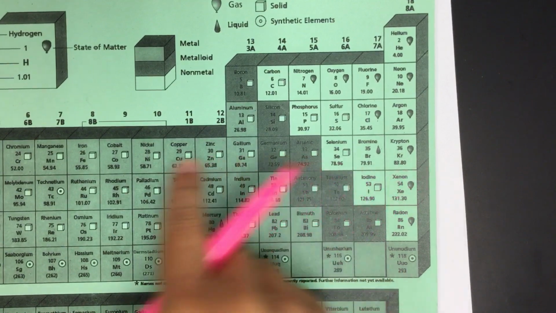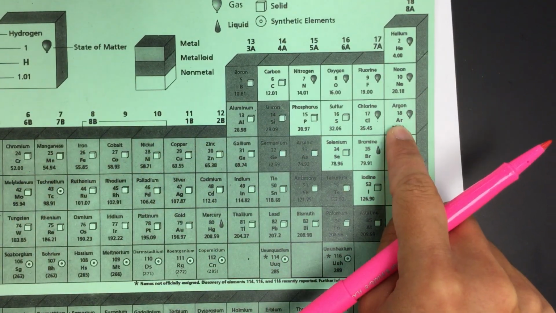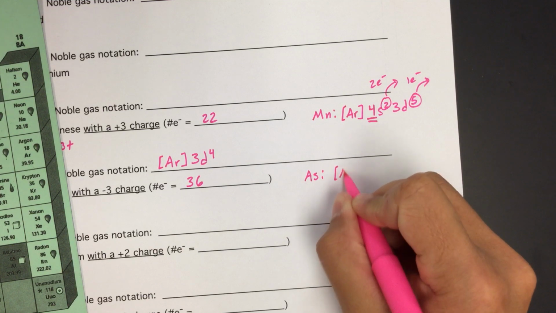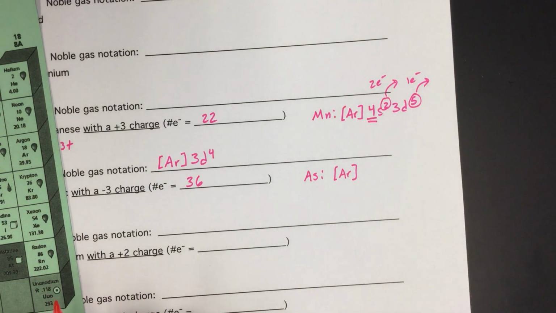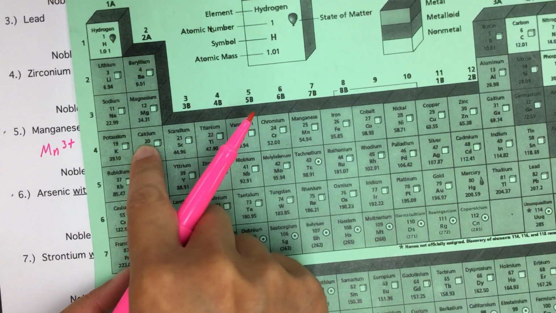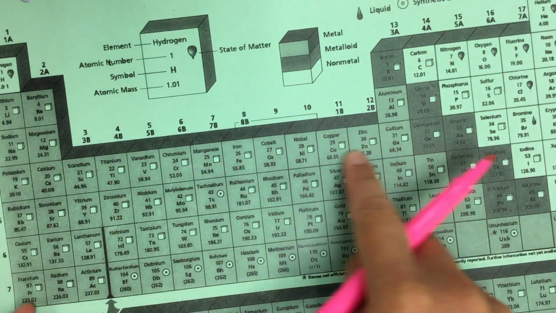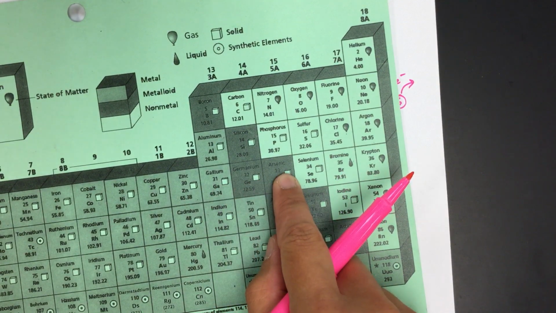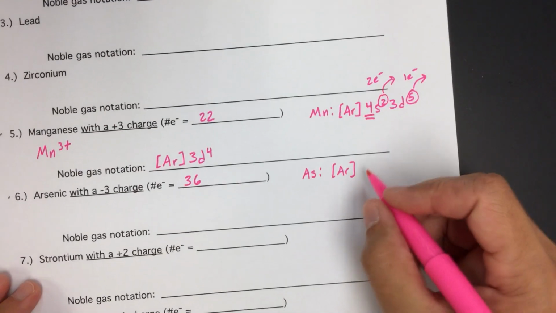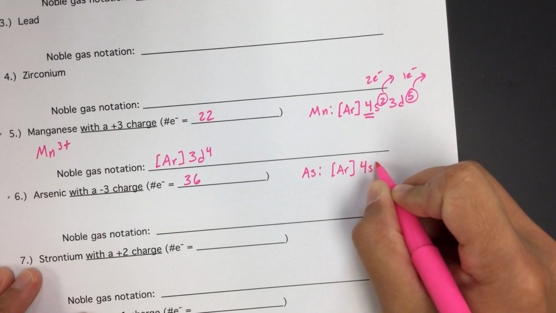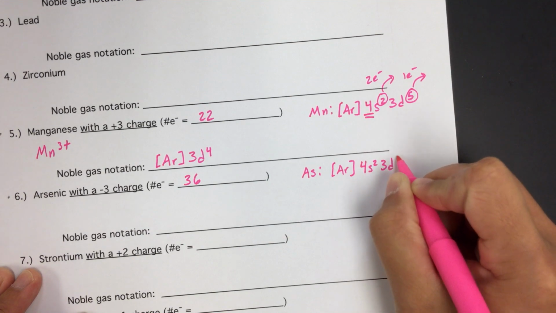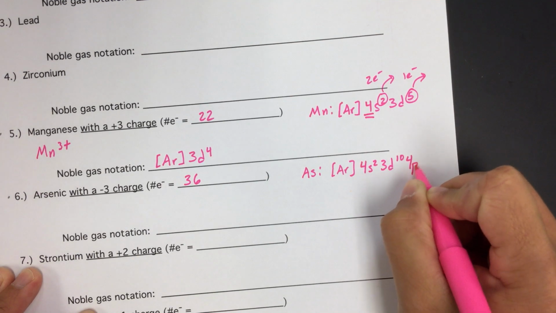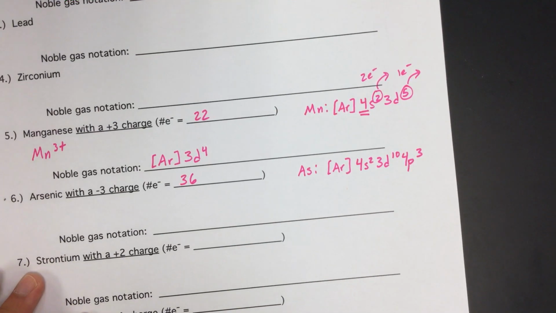I'm going to use noble gas, go back to the previous noble gas, that's argon. From argon, 4s2, 3d10, and then 4p, 1, 2, 3. So it's 4s2, 3d10, 4p3.